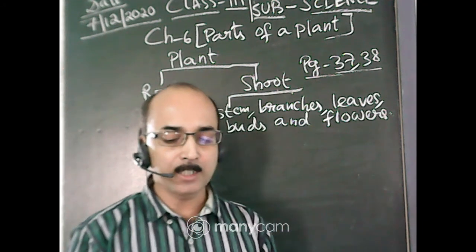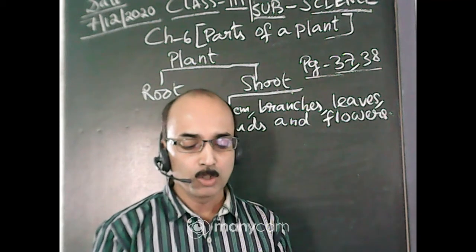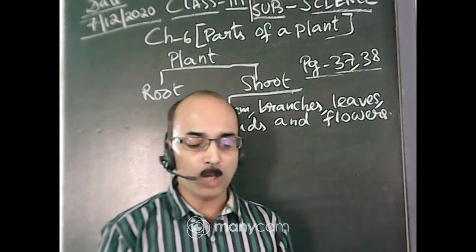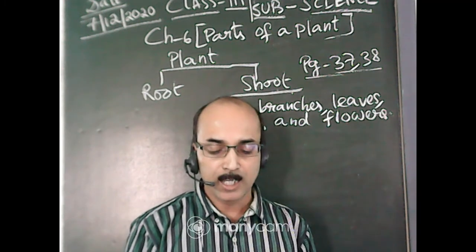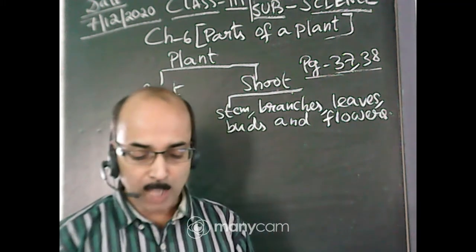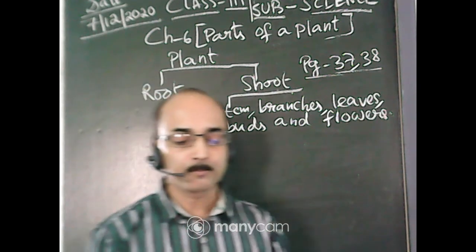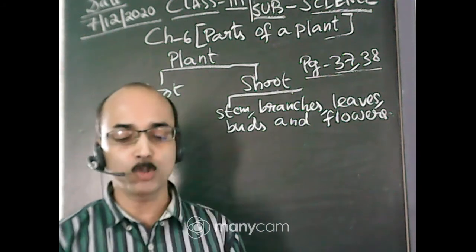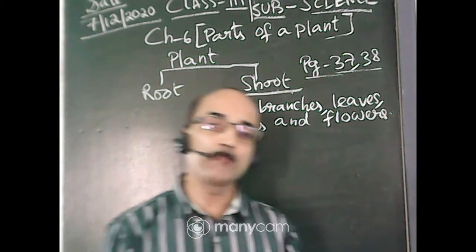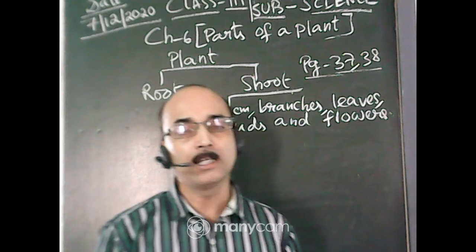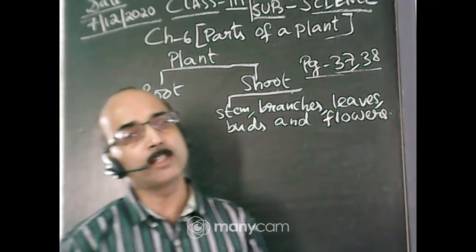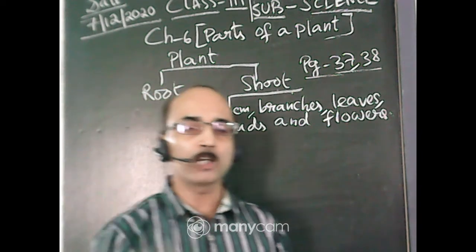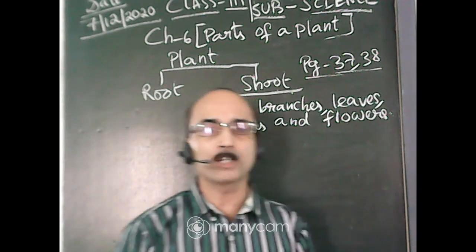Such plants either need a support to grow, and they are called climbers, for example money plant, or they grow along the ground, creeping along the ground, and are called creepers, for example watermelon.